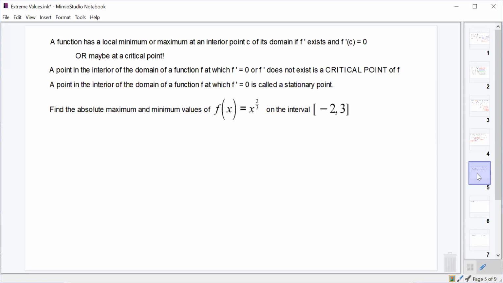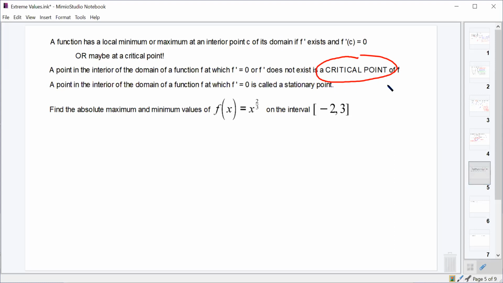Okay. And this is a very critical piece of information, pardon the awful pun here, but a place where the derivative equals 0 or a place where the derivative does not exist is called a critical point or a critical value.